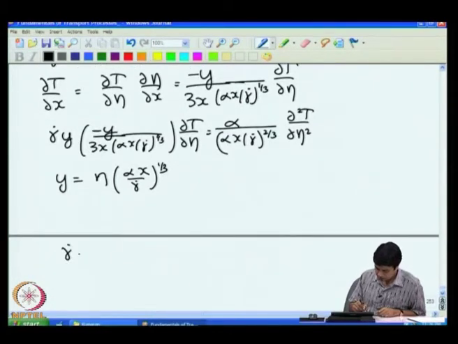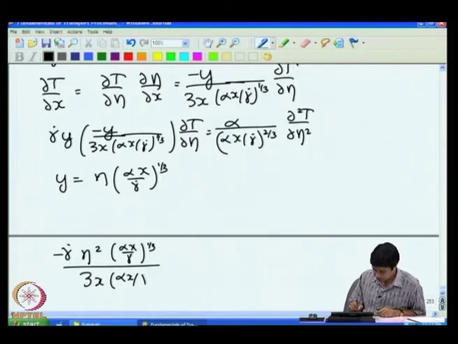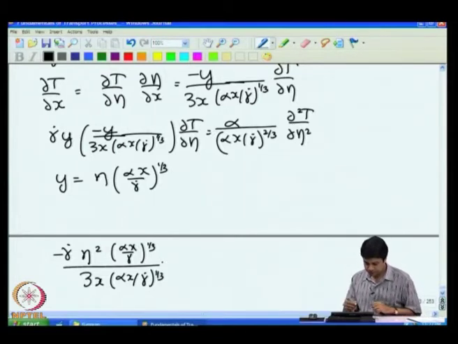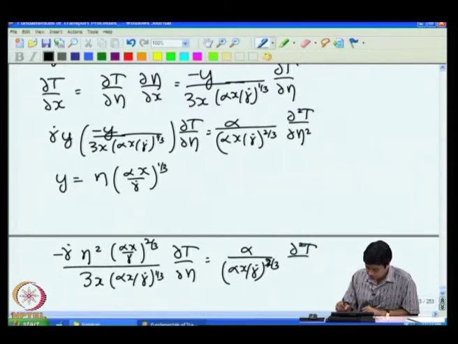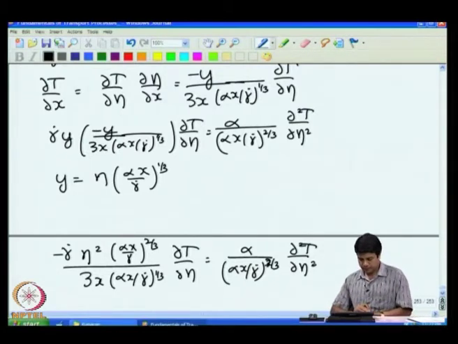So, I will get gamma dot eta square into alpha x by gamma dot power 1/3 by 3x into alpha x by gamma dot power 1/3, dT by d eta is equal to alpha by, should have 2/3 here, or 2/3 d square T by d eta square.